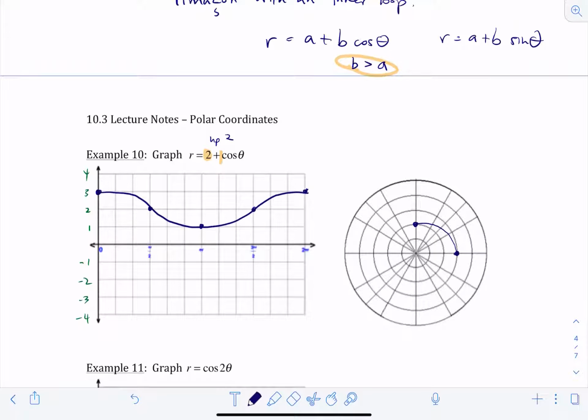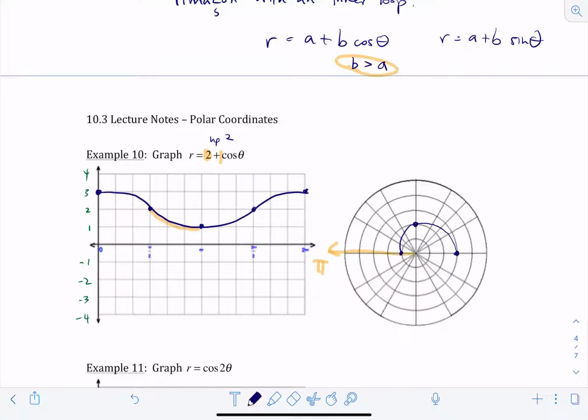Now let's graph the second part, from pi over 2 to pi. Pi faces this way, and I go out to a distance of 1. So the radius decreases until I get to 1.